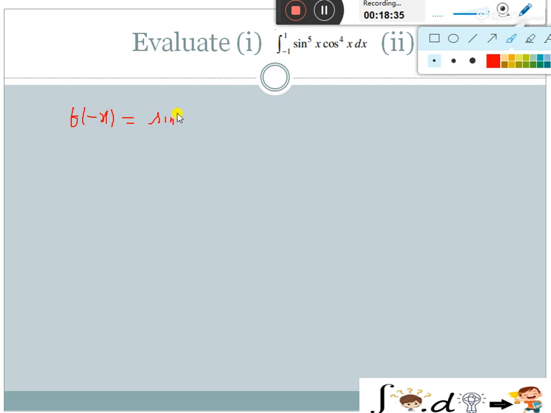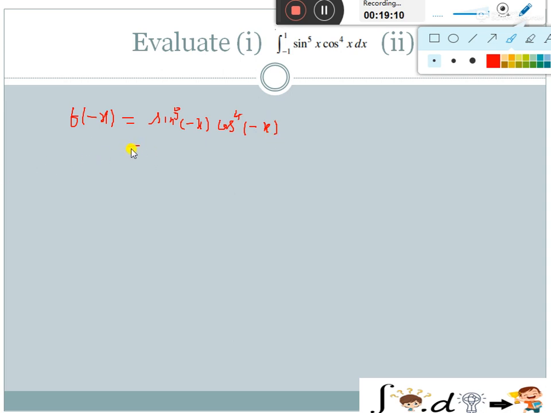5 of minus x. Is sin x an odd or even function? Yes, sin x is an odd function and cos x is an even function, because sin of minus x is equal to minus sin x and cos of minus x is equal to cos x.